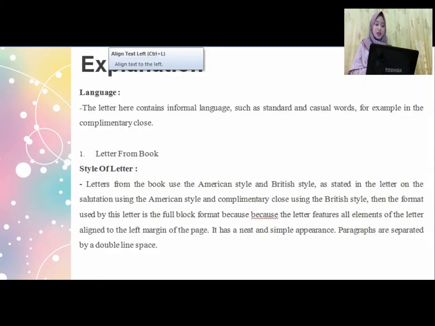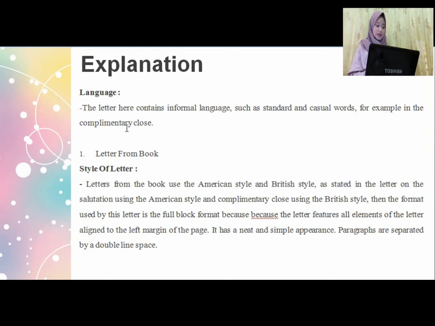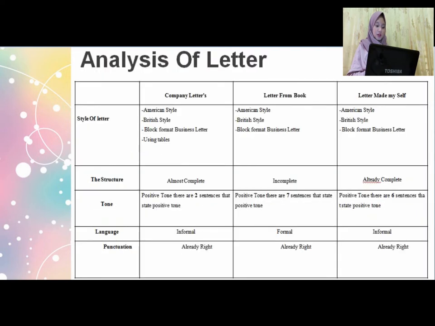Next, language. The letter here contains informal language, such as standard and casual words, for example in the complementary clause. And last is punctuation. Punctuation in this letter is already right.